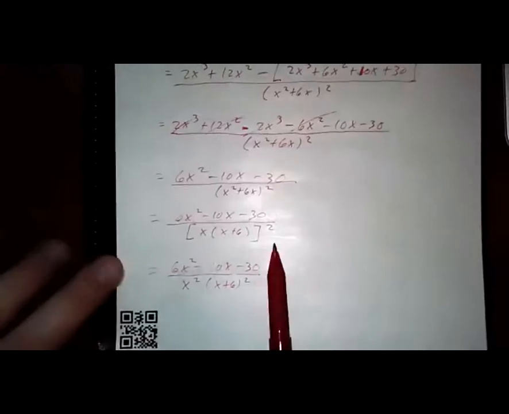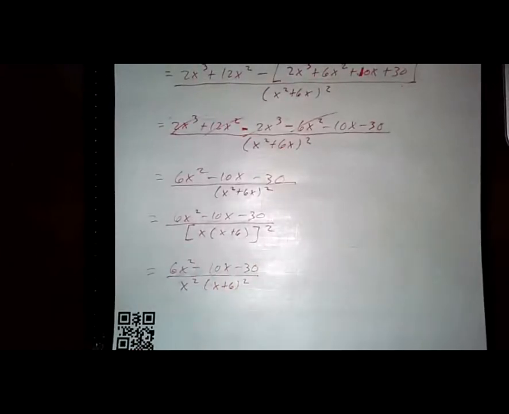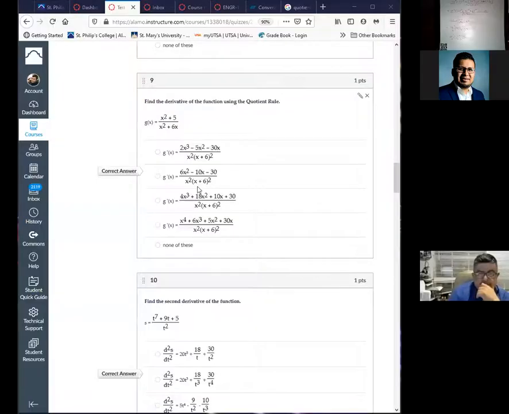See what I mean? You apply the power to both. Yeah, I see. When I saw their answer, I was like, what did I miss? But I didn't notice that this had been factored already. I thought it was the same still.